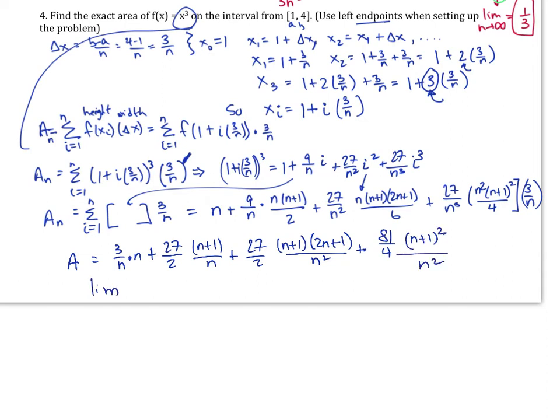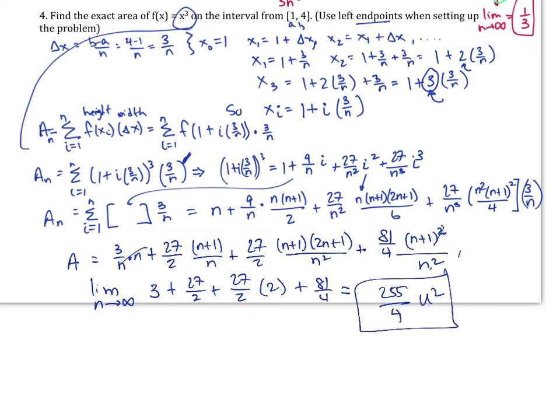I need to take the limit as n goes to infinity of all of this. So this will end up being 3 plus 27 over 2 plus 27 over 2, and now I'll get times 2 here, plus 81 over 4, because that limit will just be 1. Adding all this up, I'll get 255 over 4 square units.